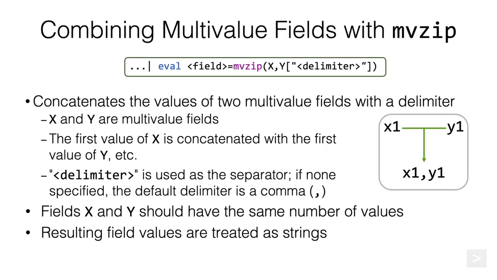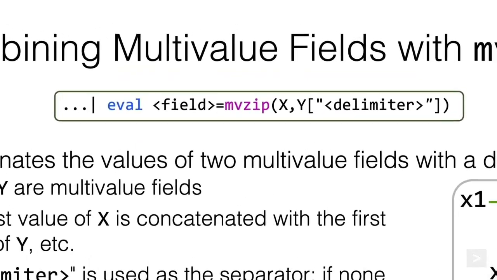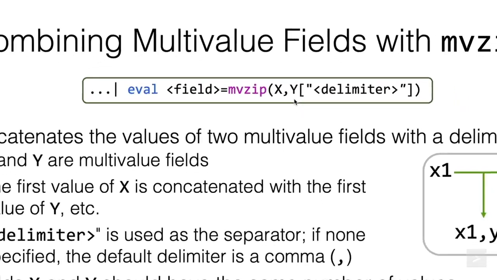The mv-zip function allows you to concatenate values from two multi-value fields using a delimiter. mv-zip combines two sets of multi-valued fields, pairing their values together in a new set and combining the first value of field X with the first value of field Y, second value of field X with the second value of field Y, and so on and so forth.